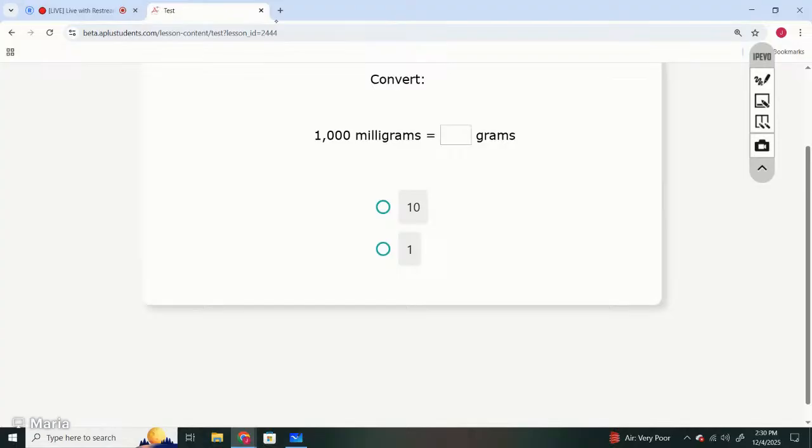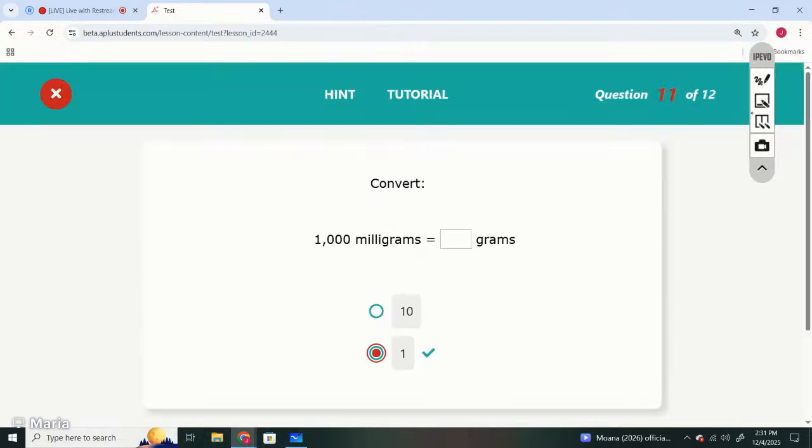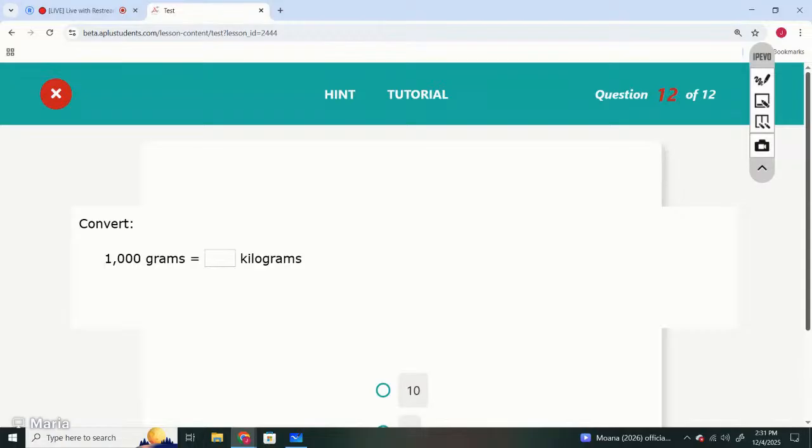1000 milligrams equal how many grams? 1000 milligrams equal 1 gram. Option number 2 is the correct option. Okay, we're left with the last one.